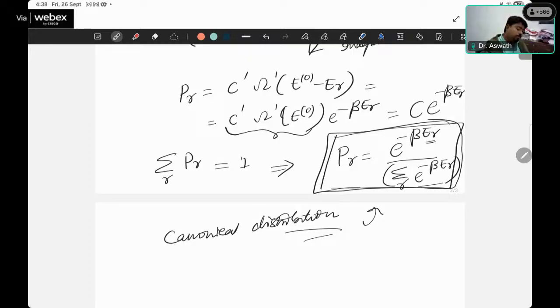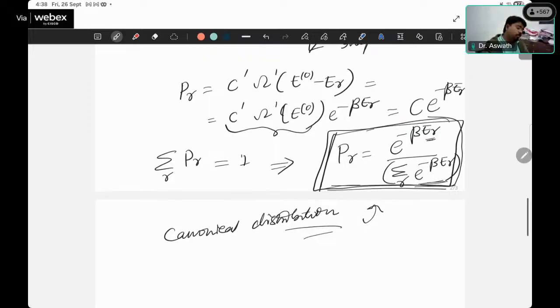In the denominator we have the various rearrangements summed together, and the numerator has only the one specific case. We'll take a quick break here and come back to see what implications this canonical distribution has for our quantum computing.